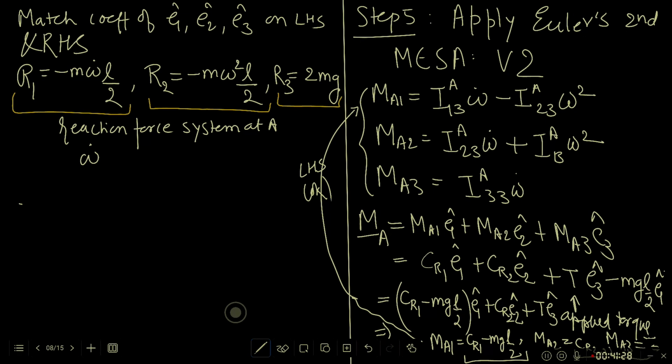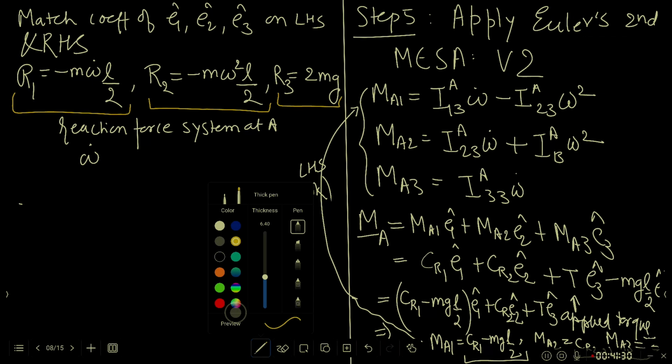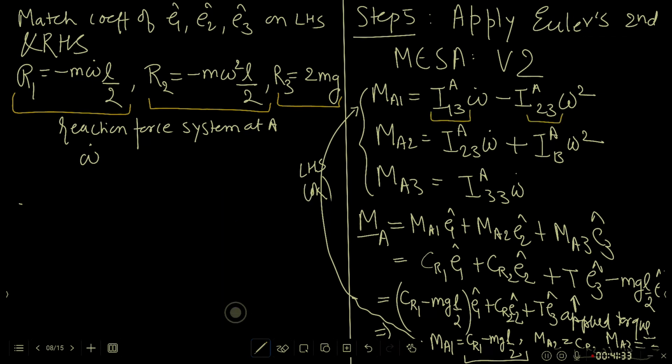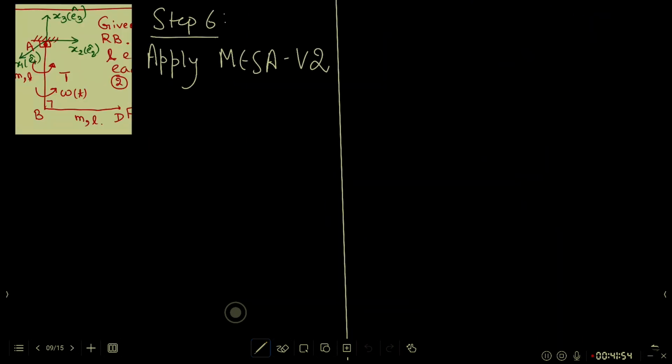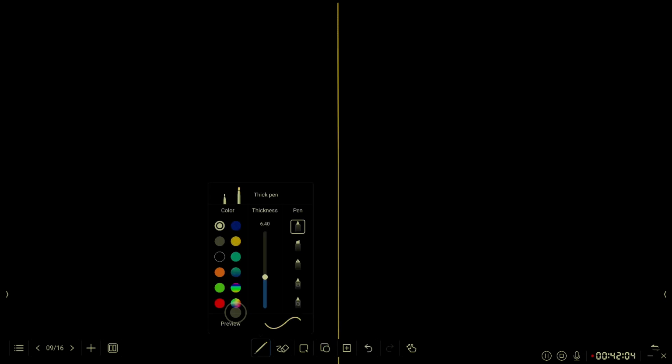The same, 3 of them. Again, out of 6 components, to solve this problem, I need only 3 components of the inertia matrix. So need not worry about all other 3 components. So my next task is to find I_A13, I_A23 and I_A33.